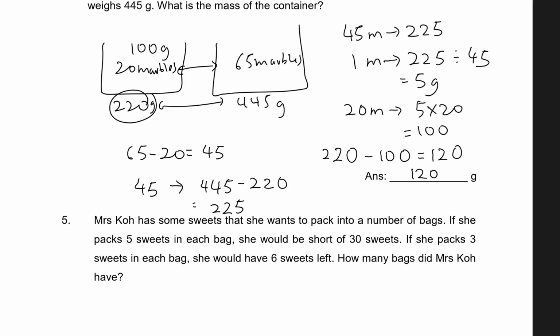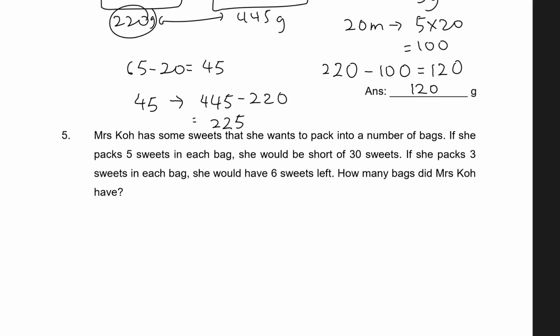Alright, now question 5, I'm not going to waste time on it, but in actual fact, if you are interested to know, this is about listing your common denominator, 5, 10, all the way, and then you have your 30. You have your packing it in 3 instead of 5, you will be packing in 3, 6, 9, 12.